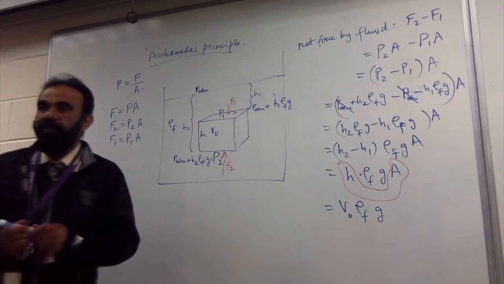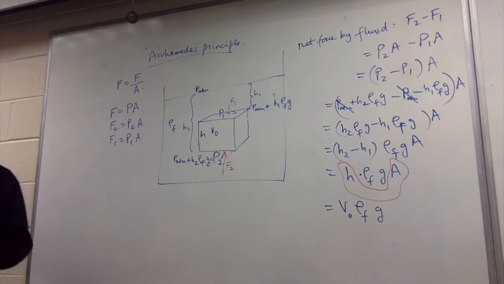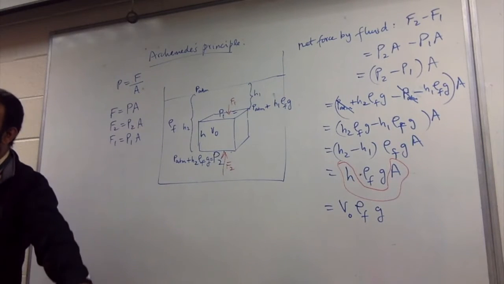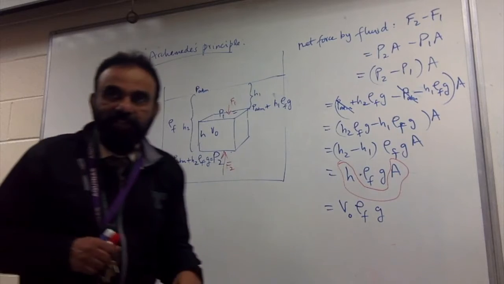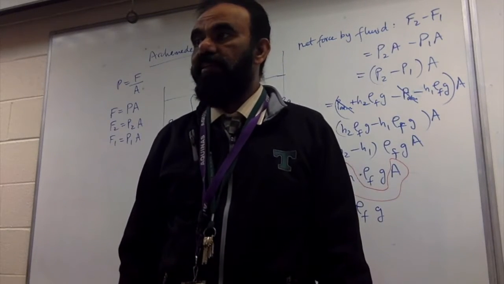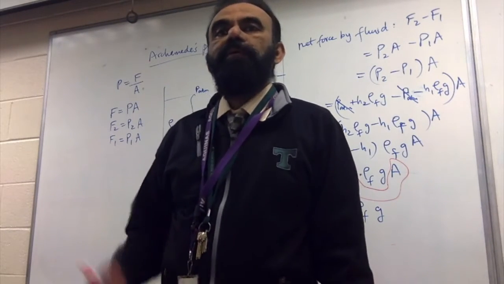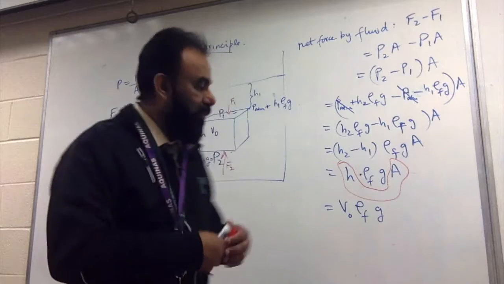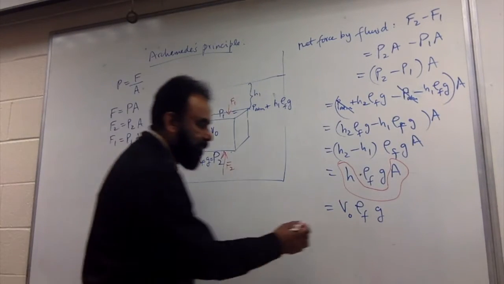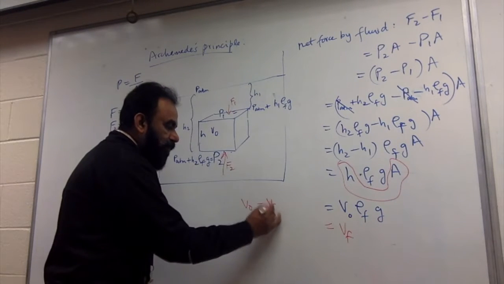Before I went to that place, what is there is air. If I am taking that position, I'm pushing the air and settling there, right? How much air did I push out? Whatever is equivalent to you. Exactly. So the volume of the object is equal to the volume of fluid displaced.